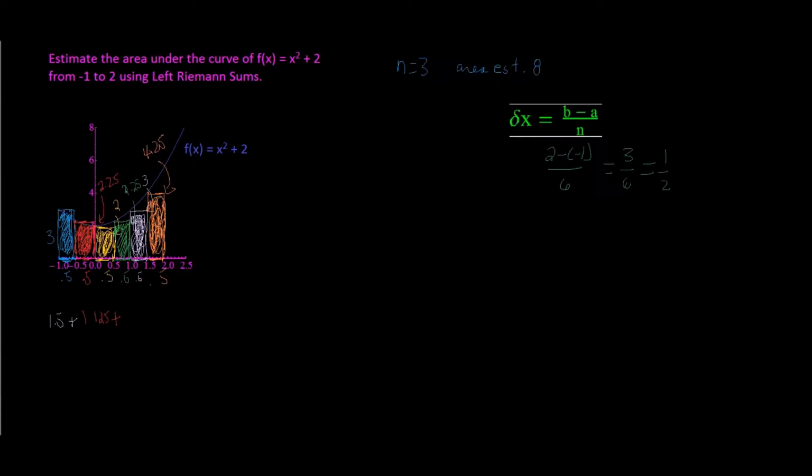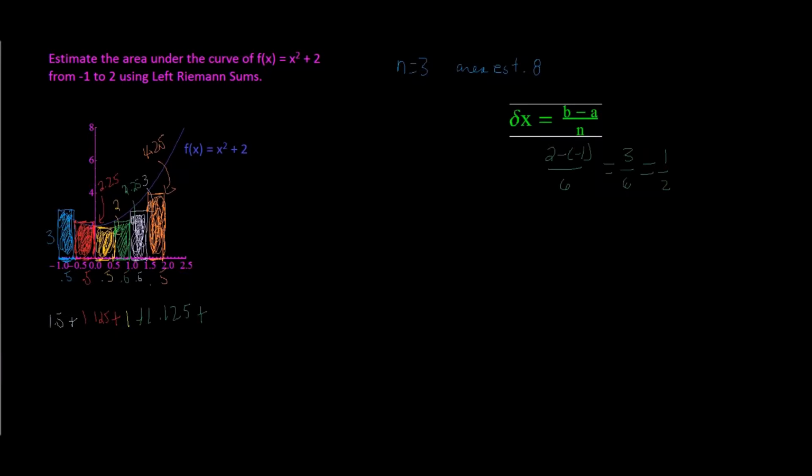And the green rectangle is the same area as this red rectangle. It's still 2.25 times 0.5, so that is plus 1.125.